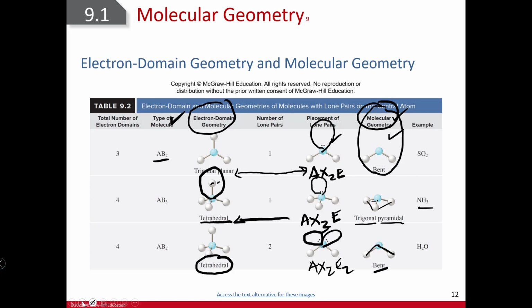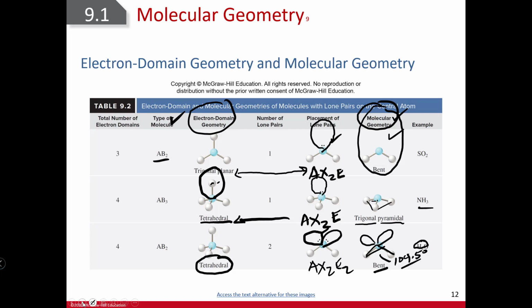Now let's talk about the angle here. There are actually two lone pairs. There's one here, there's one here. They force these two bonding pairs so close together in water that the angle is 104.5 degrees. So in water, that's the angle between the two hydrogens.